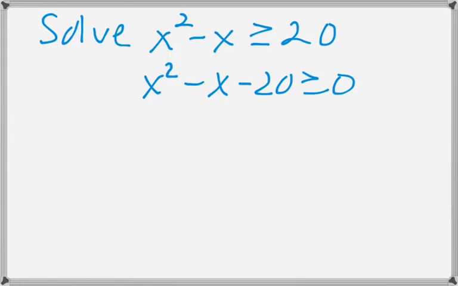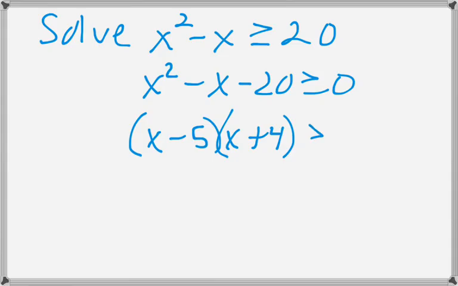And then we need to find the zeros. Probably the easiest way to do that here is to factor. Skipping the details, this factors as x minus 5 times x plus 4. So the zeros of x squared minus x minus 20 are 5 and negative 4.